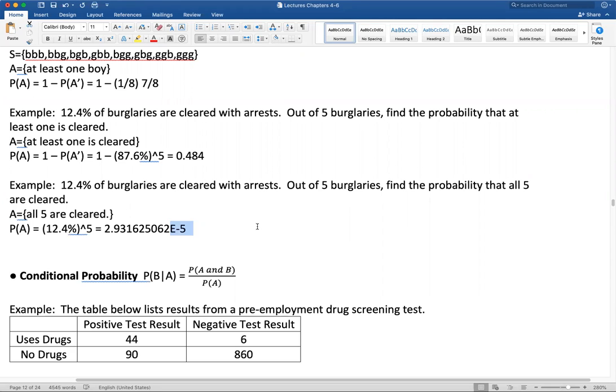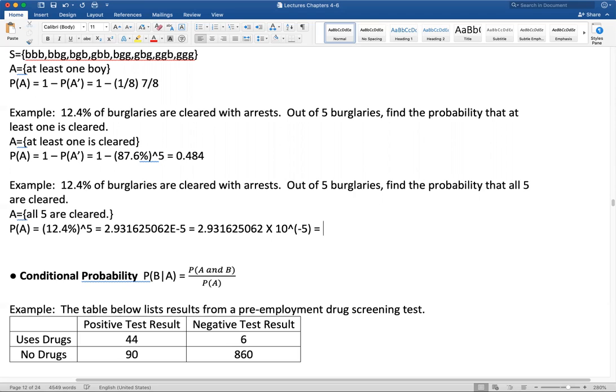E minus 5 means 10 to the negative 5, so that expression is 2.9316 times 10 to the negative 5, where 10 to the negative 5 is 0.00001.